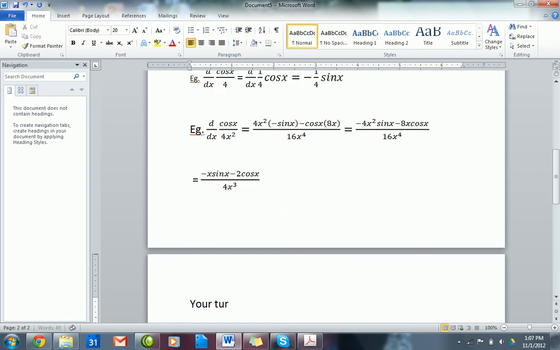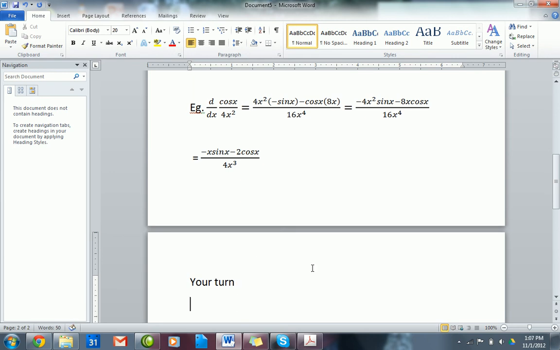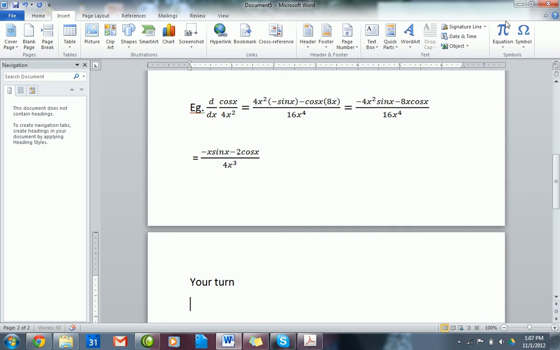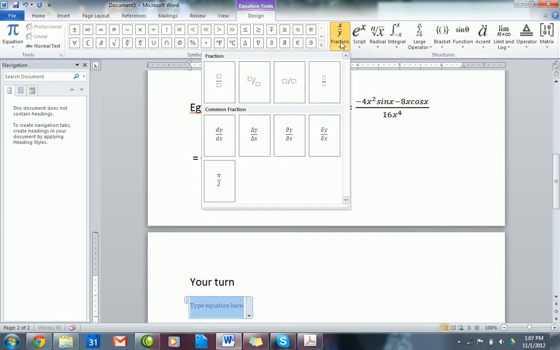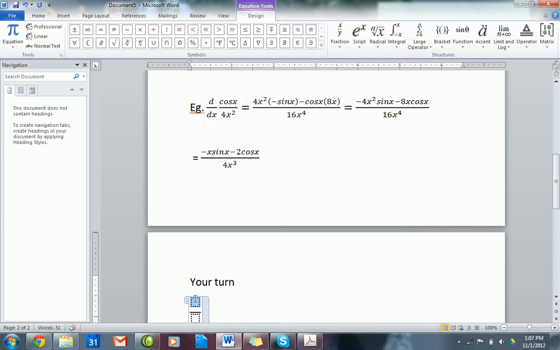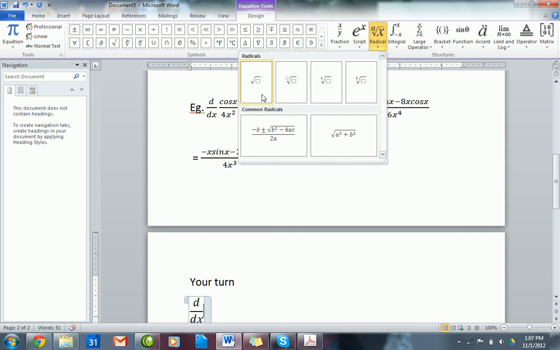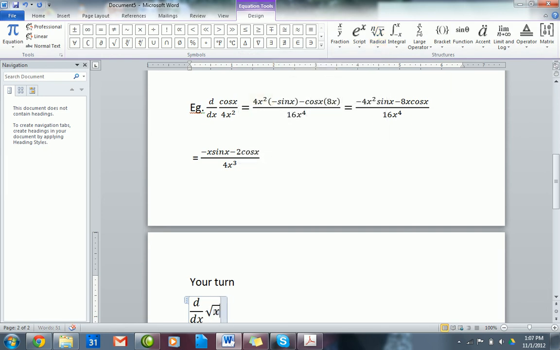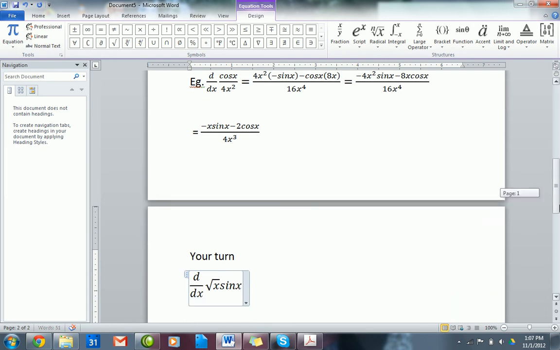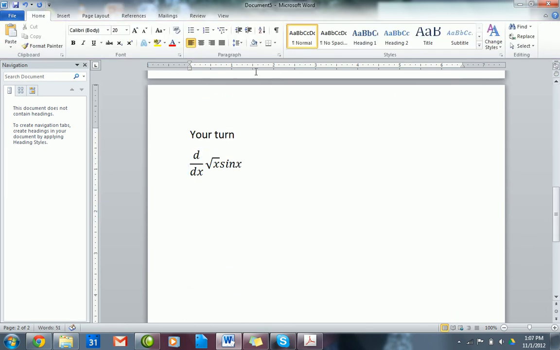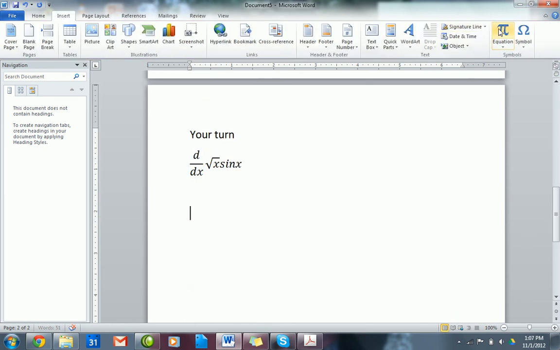What I want you to do tonight is the following two problems. Number one, find the derivative of root x times sine of x. You've got to use the product rule. And the second one, I've got a little quotient rule.